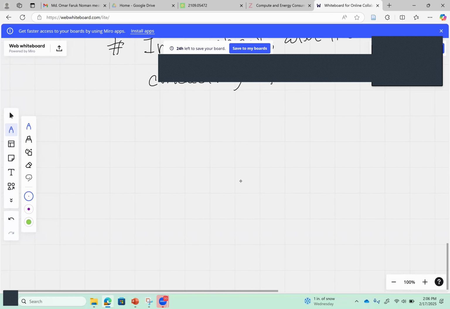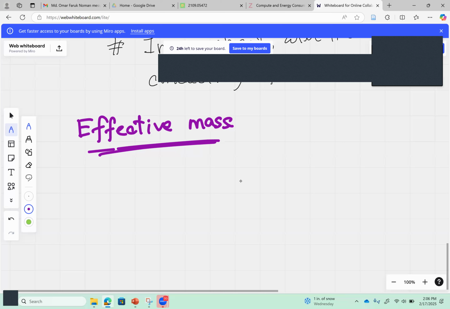So now, with that being said, let us talk about a very, very important topic, which is called the effective mass of a particle, of an electron. Why is effective mass important for us?